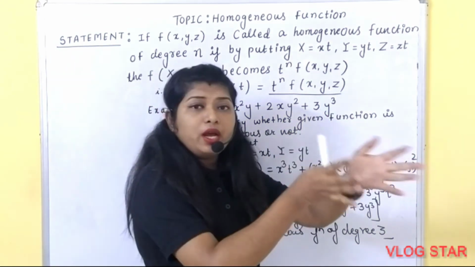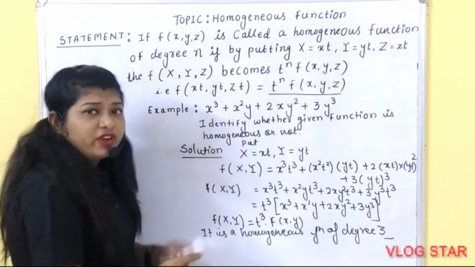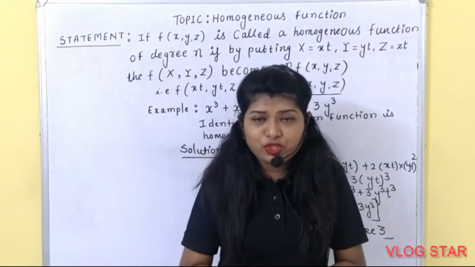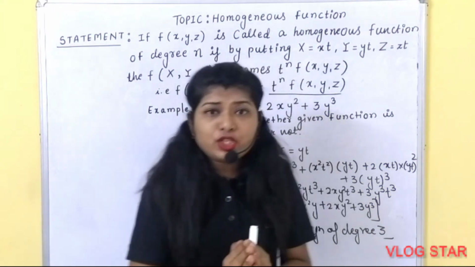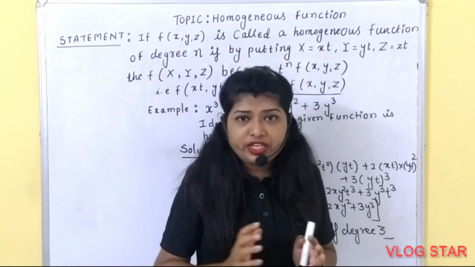Take t raised to the power term outside the bracket. Whatever is inside, that should be your given function. If it is not, then the given function is not homogeneous. So I hope you have understood what a homogeneous function and a non-homogeneous function are.